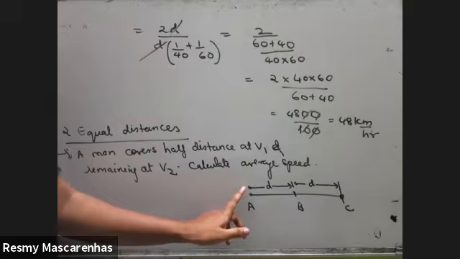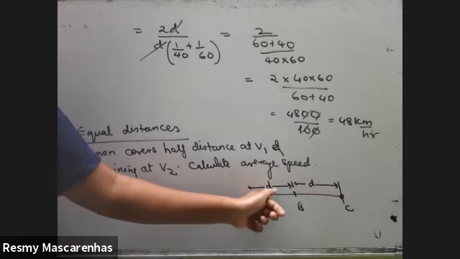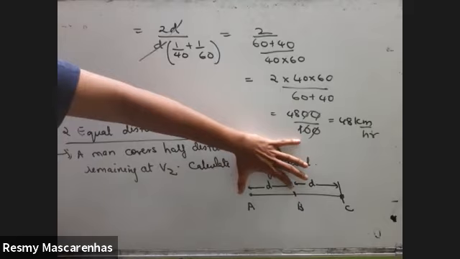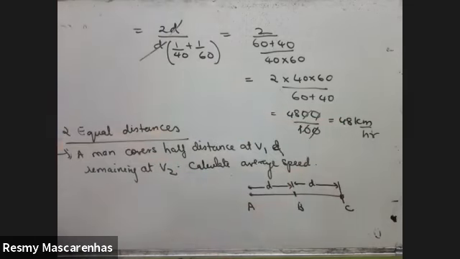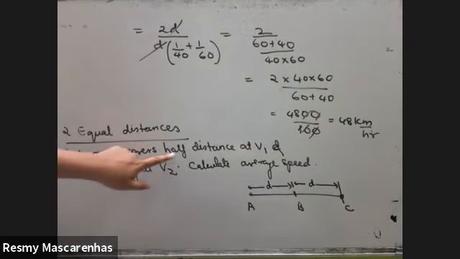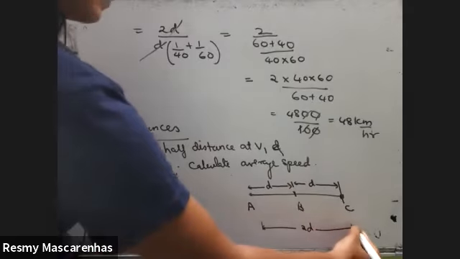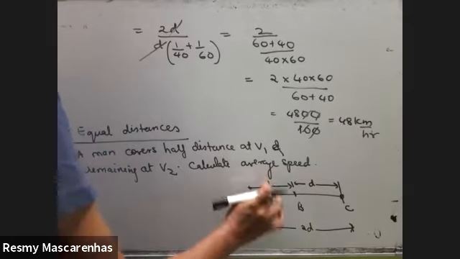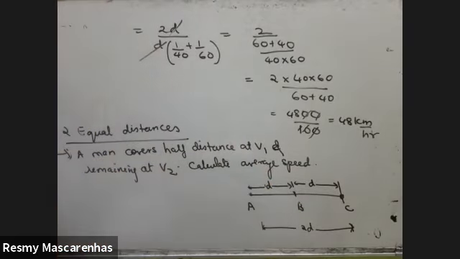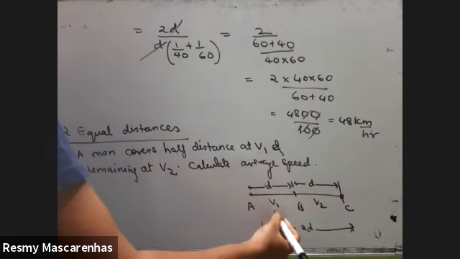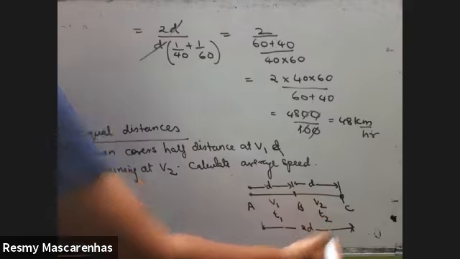Otherwise, if you take the whole thing as d, then it is d by 2 and d by 2, but that will simply complicate things. So we will assume from here to here it is d, and from here to here also it will be d. Why? Half. Total will be 2d. The half of 2 is 1. It's like 1d and 1d. And from here to here it is v1. And here to here, this will be t1 and this will be t2.